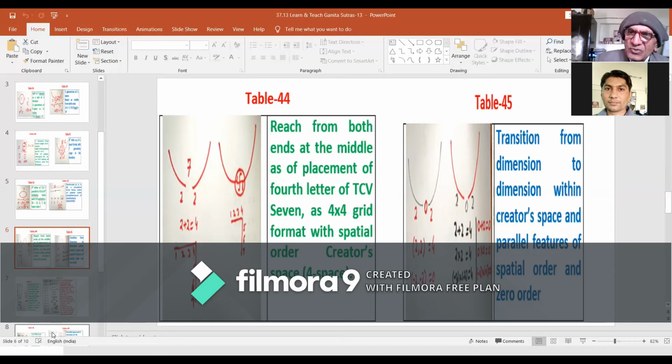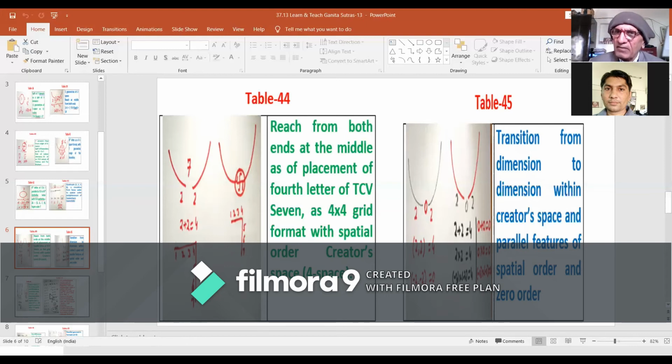That means it is going to be a shift to a grid format. A grid format of 4 cross 4 will be having a boundary of 4 steps 1, 2, 3, 4 along the one axis and 4, 5, 6, 7 along the second axis. This reach from both ends at the middle as a placement of fourth letter of TCV 7 as 4 cross 4 grid format with spatial order creator space is the feature which deserves to be imbibed here.